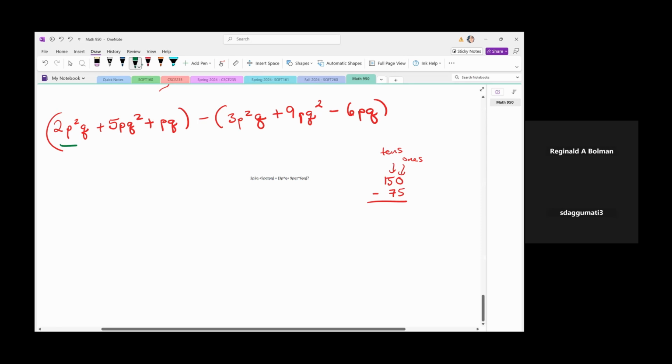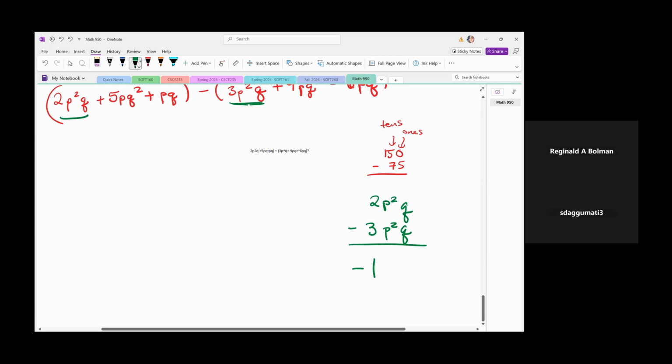When you have like terms, such as this 2p squared q, we are subtracting from this 2p squared q its like term, 3p squared q, so we could line these two terms up more or less column-wise when we're doing the subtraction. And of course, 2 minus 3 gives you -1.